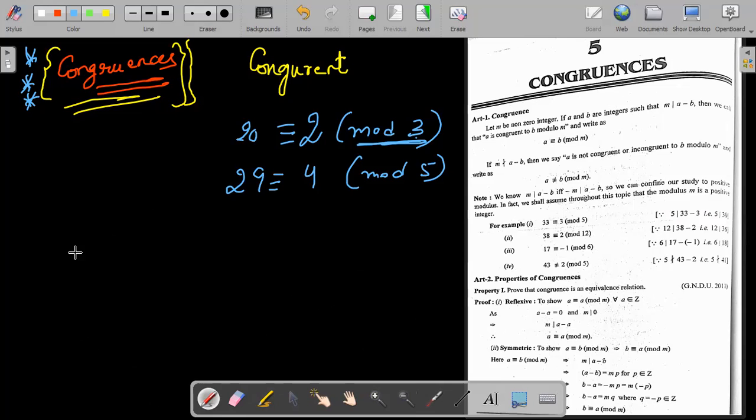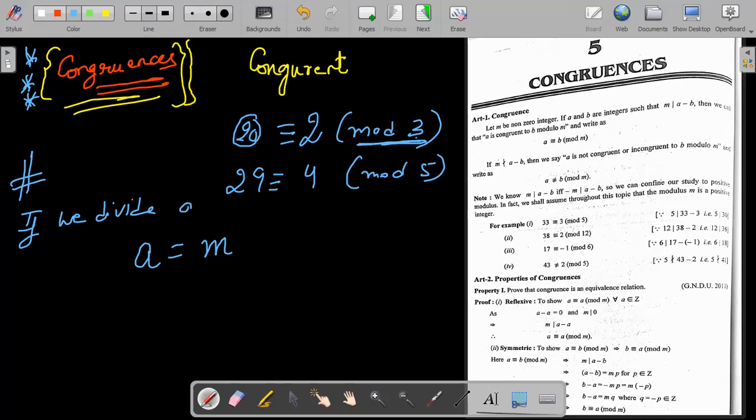Now one more observation from here. This is very simple. We know by the division algorithm, if I divide a number a by m, then obviously we will get some quotient and some remainder.